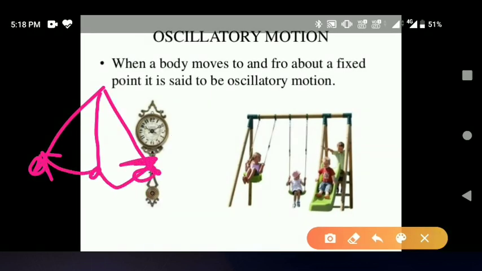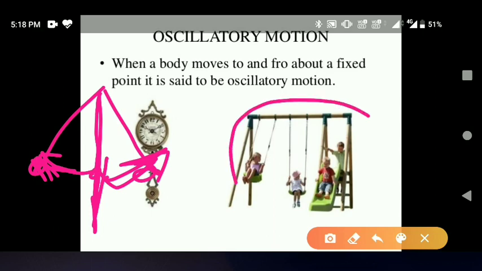So this back and forth motion can be explained by oscillatory motion. When a body as a whole moves back and forth, or to and fro, about its mean position, it is described as oscillatory motion.